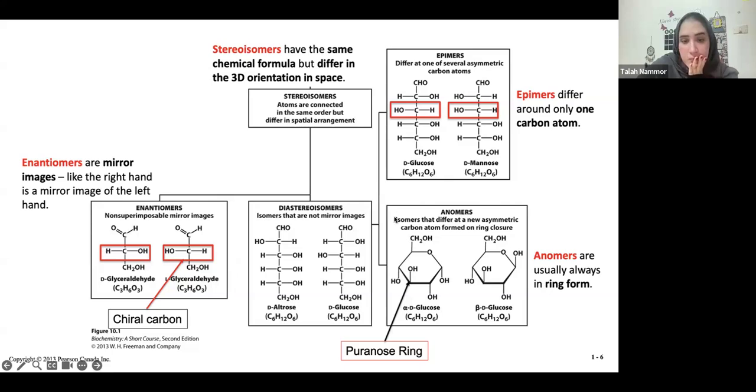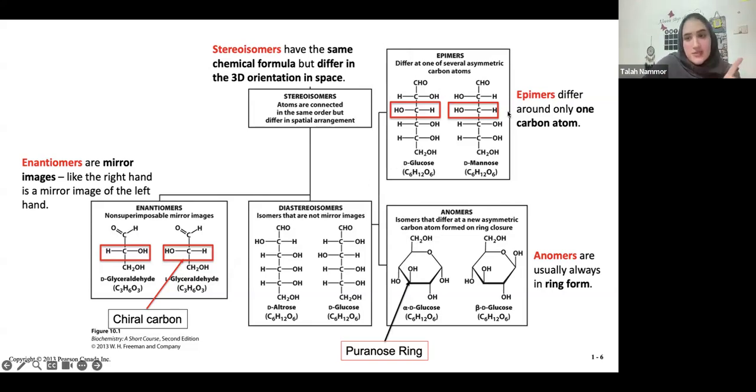Last but not least, we have something called anomers. Anomers are usually just in ring form. Whenever you see an isomer in a ring form, just know that it's an anomer. So enantiomers can mirror each other, and when they don't mirror each other, they're called by a long name that you don't need to know, which can be either an epimer or an anomer.